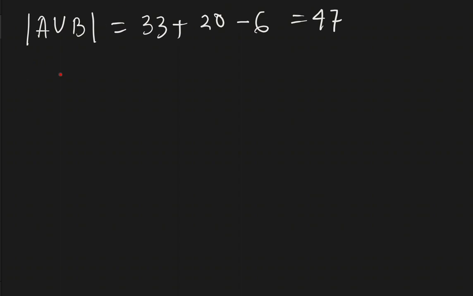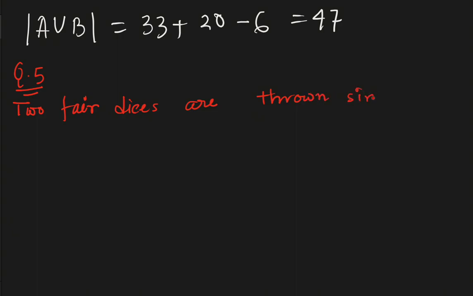Let's move towards a new question, question number 5. Here the question is: two fair dice are thrown simultaneously.